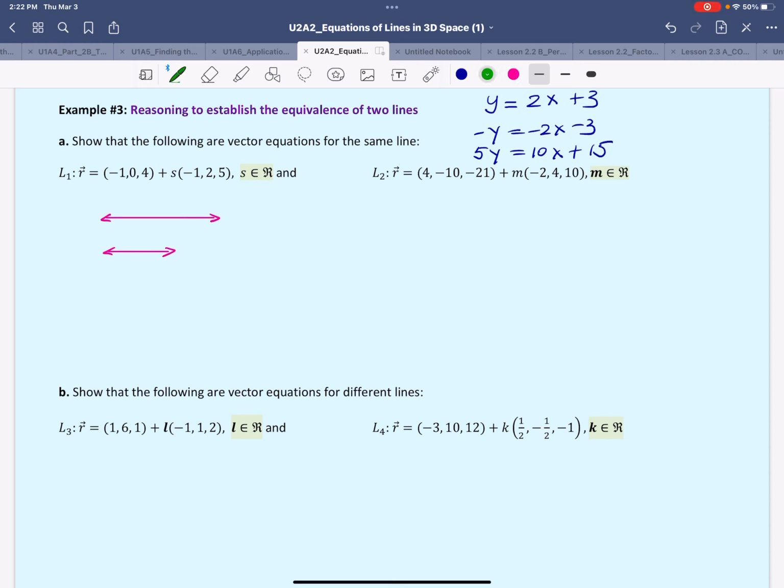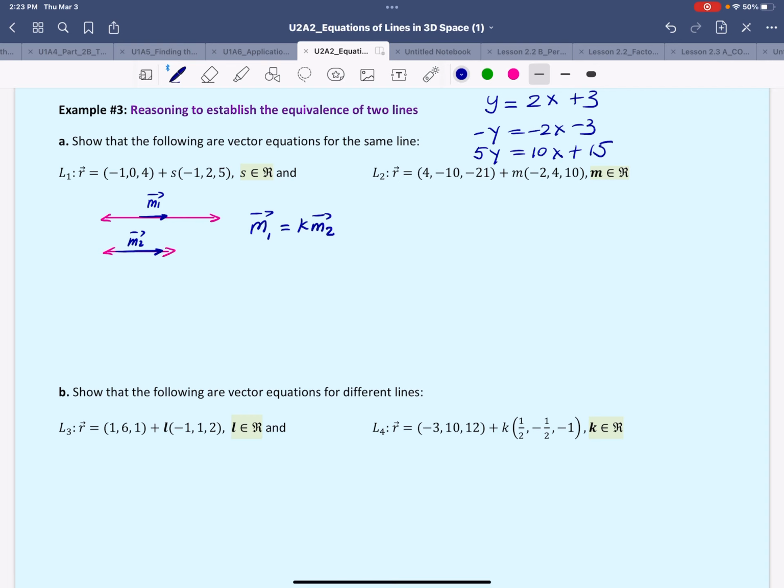The direction vector of this line, which can be this one, for example, and the direction vector of this line, which can be this one here, must be scalar multiples of each other. I'm going to call this M1 and this one M2. So two lines are going in the same direction if their direction vectors are scalar multiples of each other.